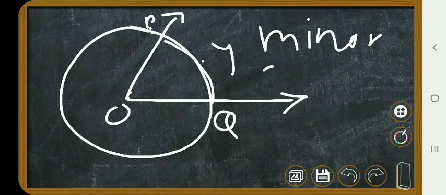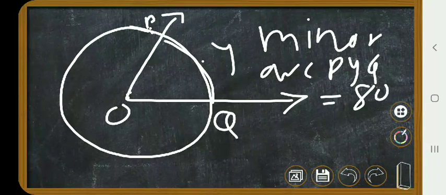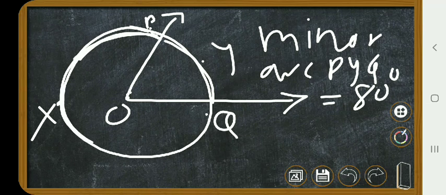Okay, minor arc PYQ, and it is 80 degrees. Now we have to find the measurement of this arc PXQ, with X here. We have to find the major arc, the measurement of major arc PXQ.